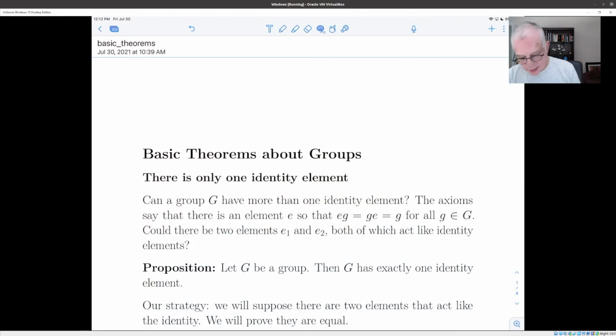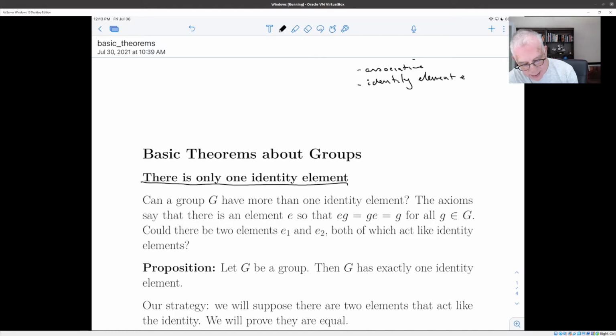So the first thing that we're going to take up is a question which has to do with whether or not there could potentially be more than one identity element in a group. So remember the three axioms for a group: that the operation is associative, that there's an identity element, and that every element has an inverse.